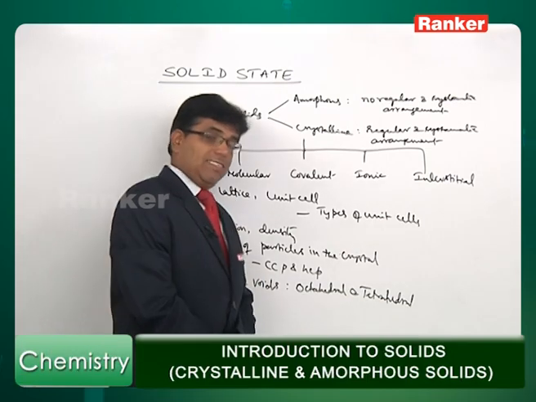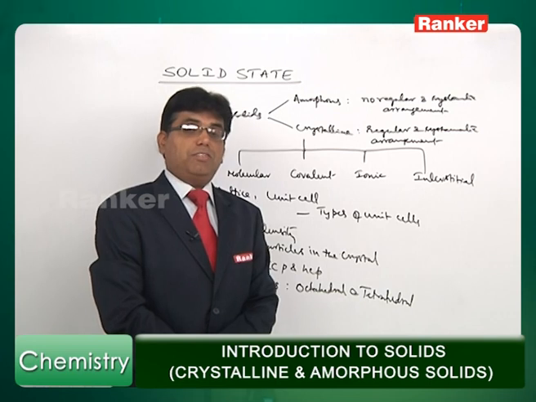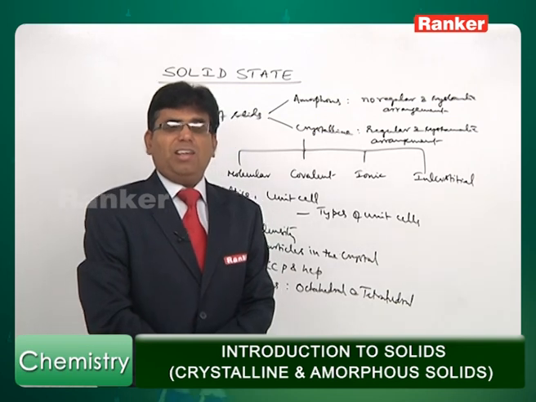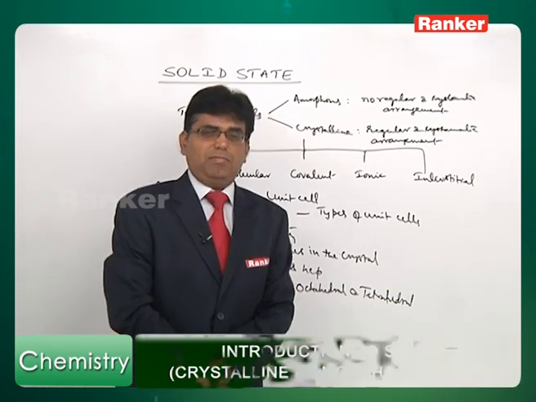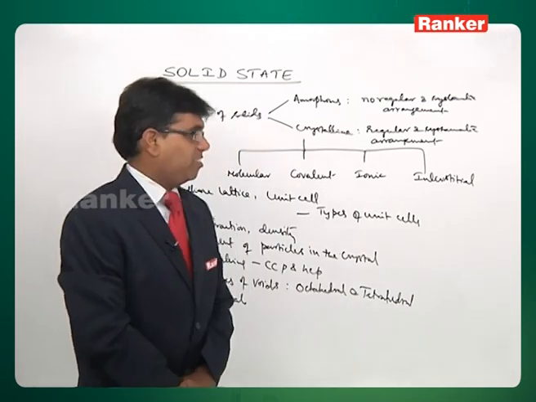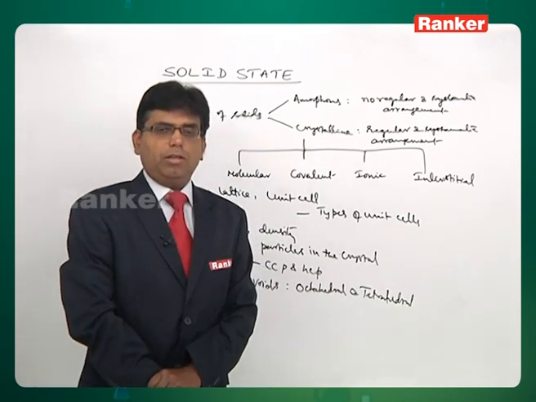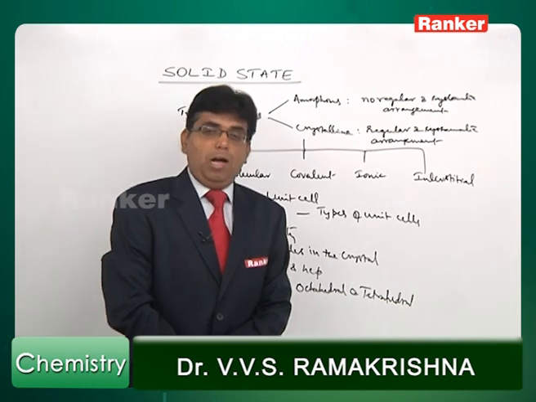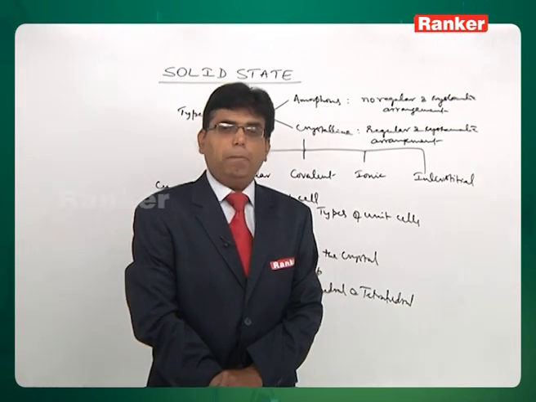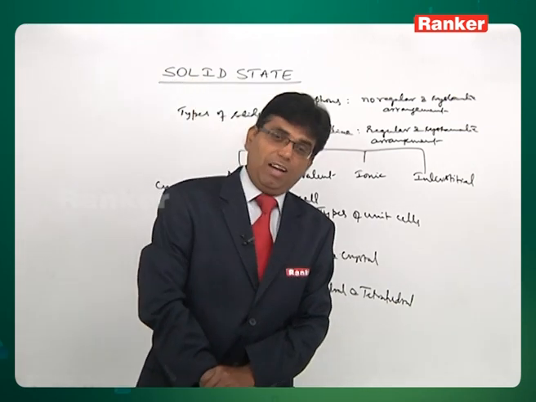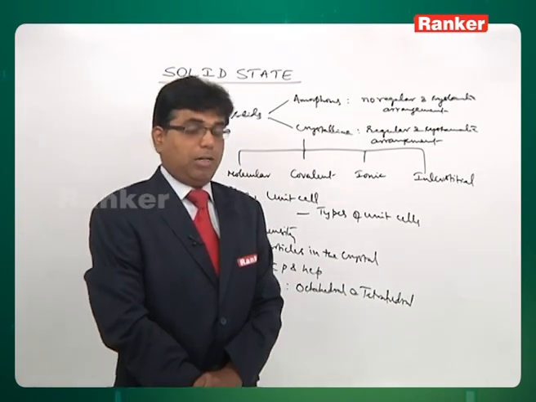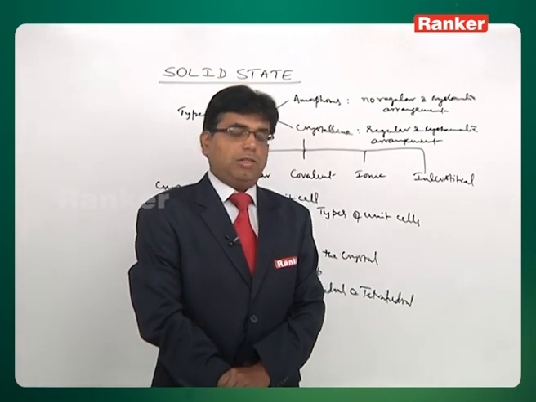Now, as a result, what happens? What are the characteristic differences in properties we observe for amorphous and crystalline solids? Because of no regularity, no systematic trend exists in the arrangement of atoms or molecules in amorphous solids, they do not possess sharp melting or boiling points. There you will have a range of melting points.